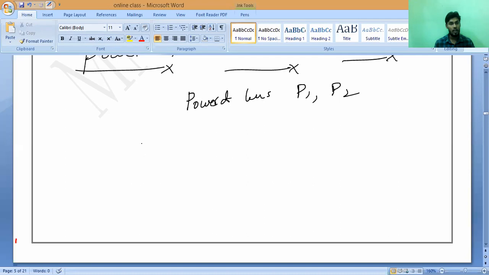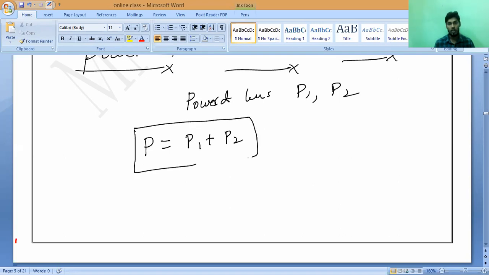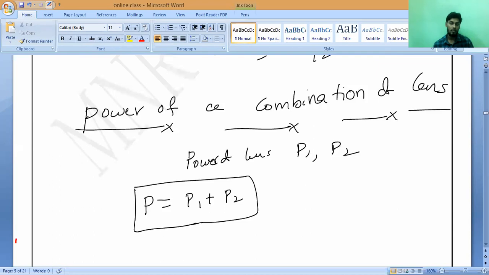Then the power of the combination is P equals P1 plus P2. This is what we call the power of a combination of lenses.